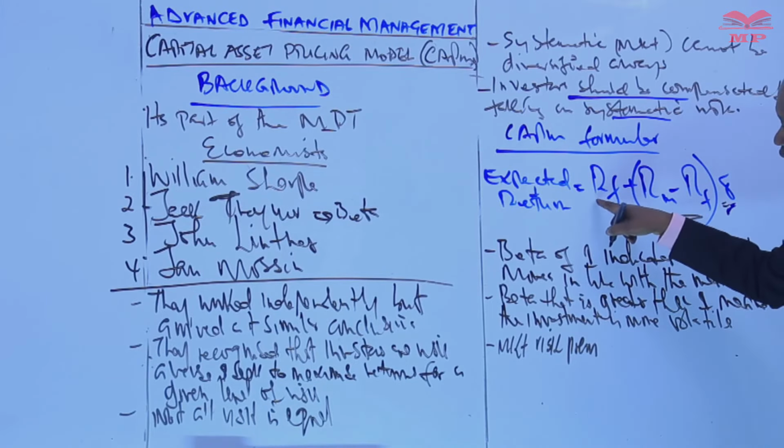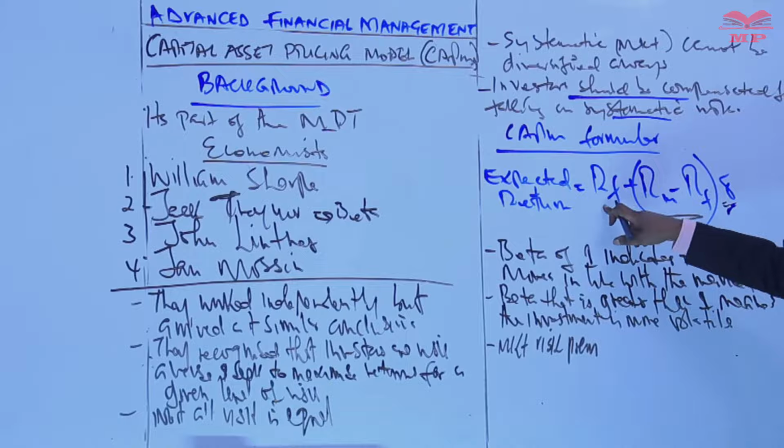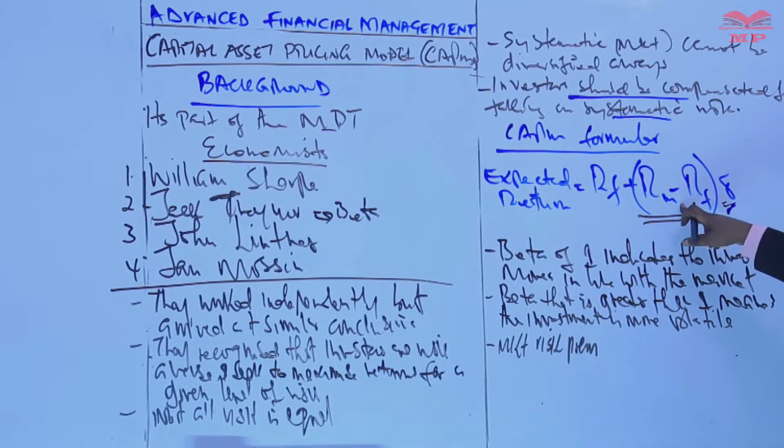So the expected return constitutes the risk-free rate, this return, plus a premium. This premium is the additional return that investors expect for taking on the risk of investing in the overall market compared to the risk-free rate.